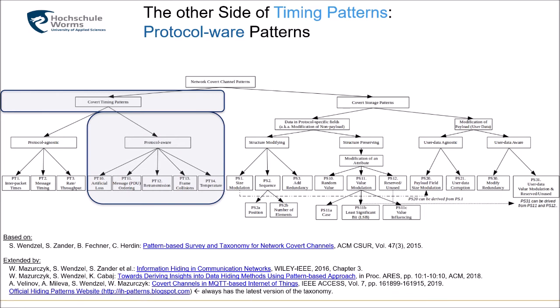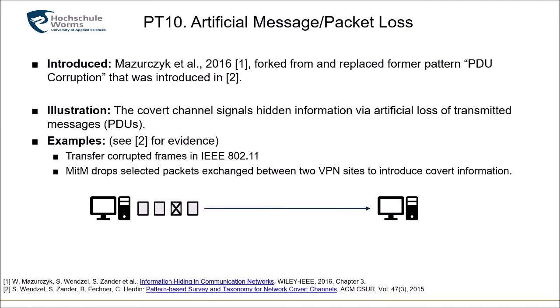We have 5 methods there, and we start with the artificial message or packet loss pattern. That's originally forked from a pattern called PDU corruption, but this original pattern was split into 2 different patterns to have a clearer distinction. So the idea is as follows.